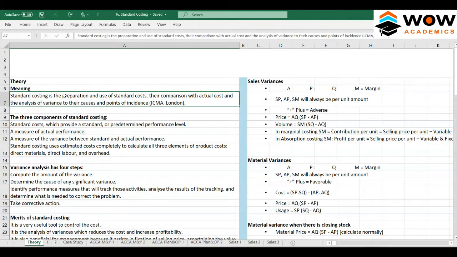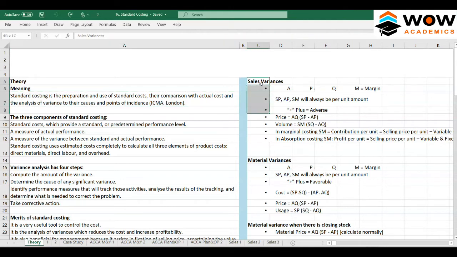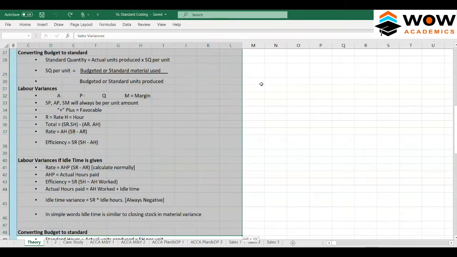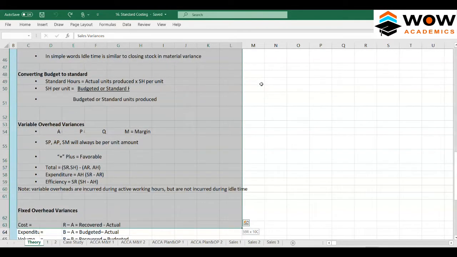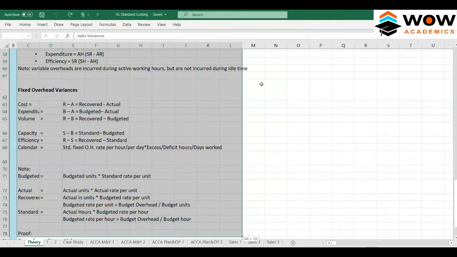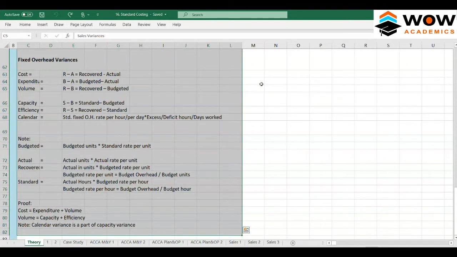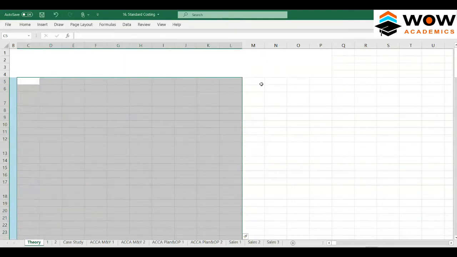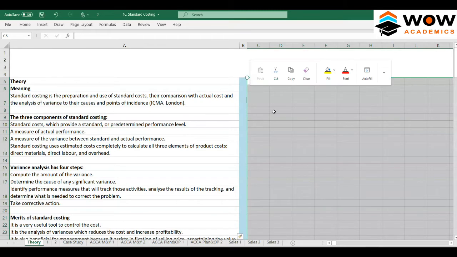Standard costing is the preparation and use of standard costs, their comparison with actual, and the analysis of their causes and the points of incidence. First we'll understand where this concept is helpful.